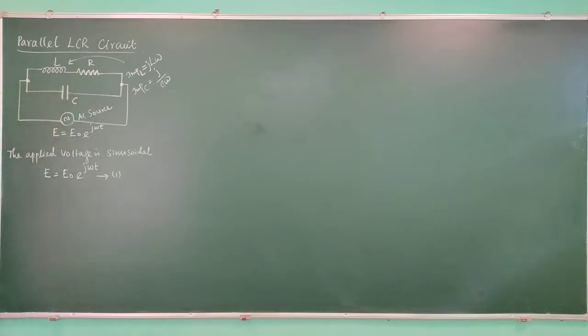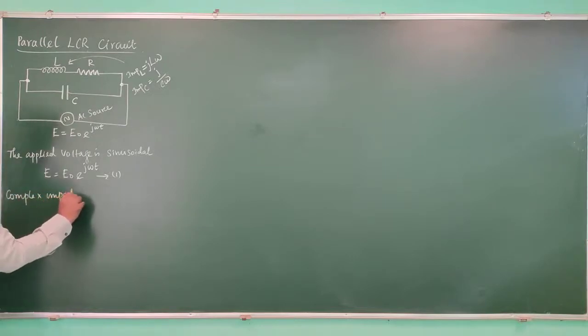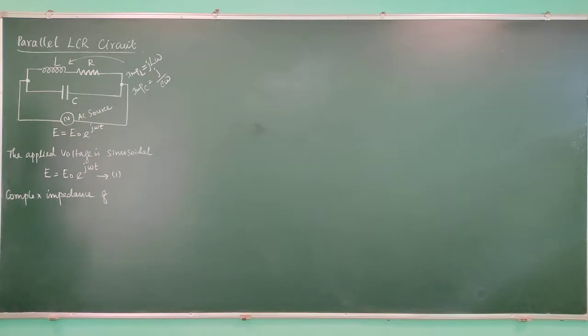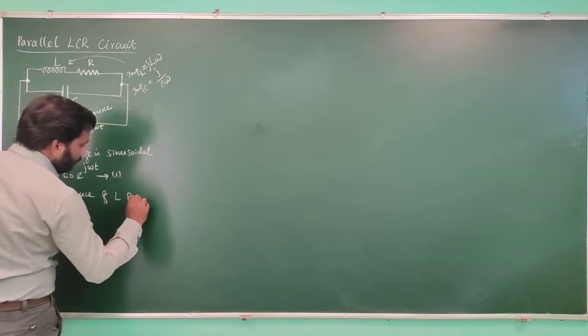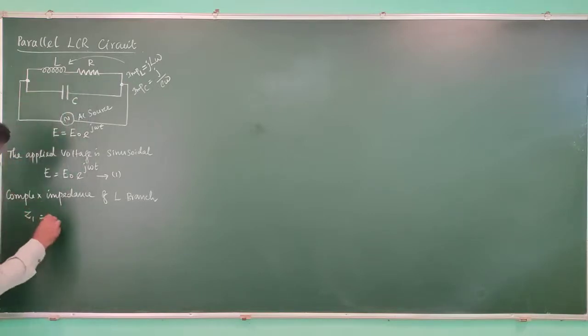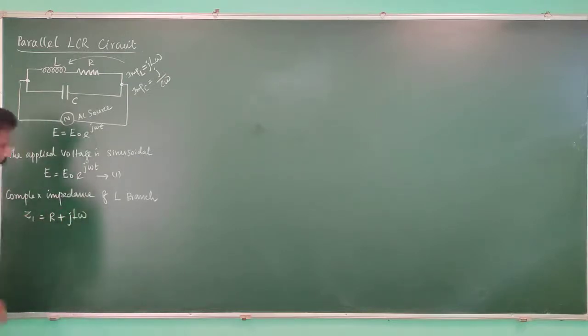Now for this L branch, consisting of an inductor and resistor, we can write the complex impedance of the L branch as Z1, which is equal to the resistance of the resistor plus the complex impedance of the inductor.